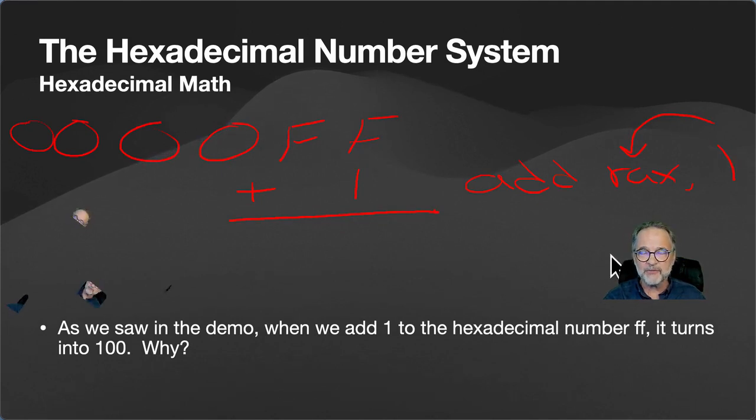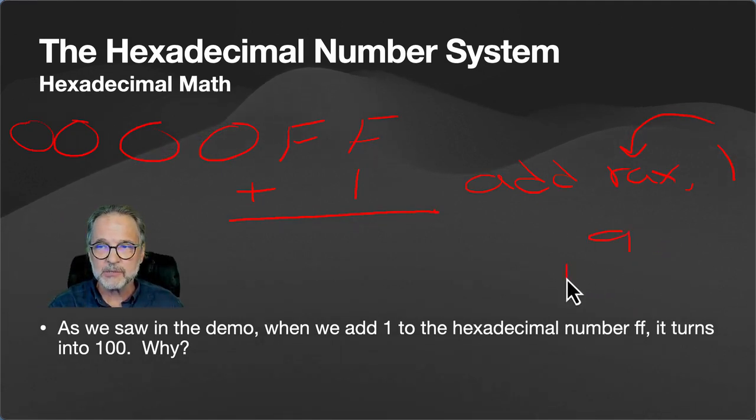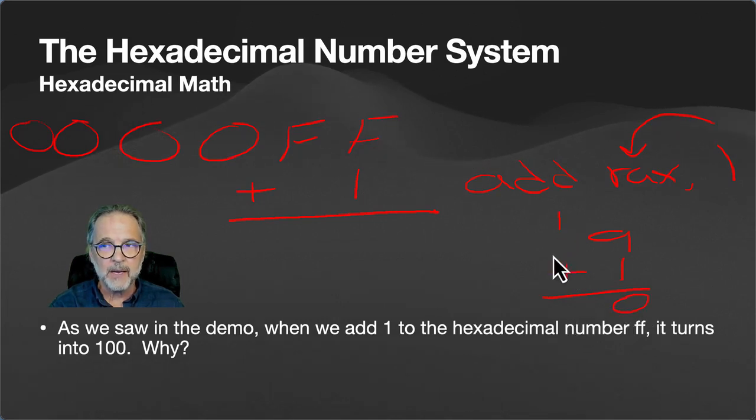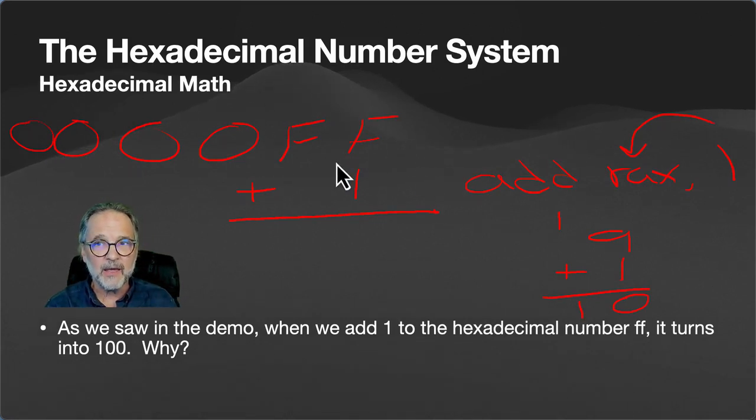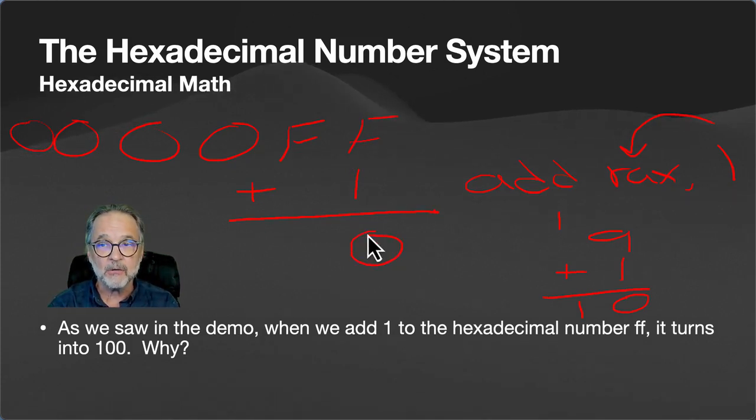Well, just like if you add 9 plus 1, what do you get? You get a 0 and you get a carry. And then you drop that carry down and you get 10. So if I add 1 to F, what do we get? Well, F is the last digit in the hexadecimal number system, so we get a 0 and we get a carry.